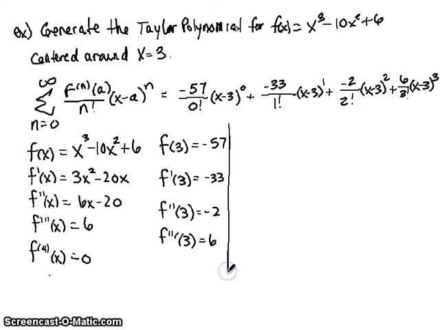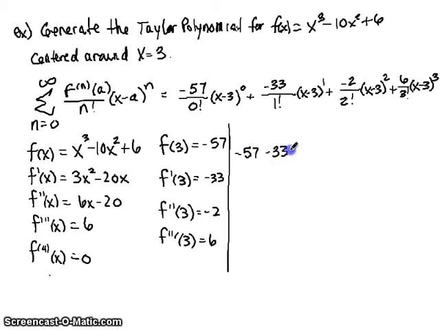But let's simplify this a little bit. Negative 57 divided by 0 factorial. 0 factorial is just 1. x minus 3 to the 0 power is 1, so we have negative 57. 1 factorial is just 1. x minus 3 to the first is just x minus 3.